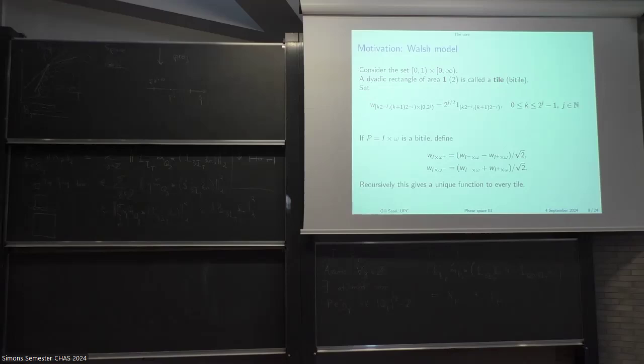Okay, so the point is, we start here, and then for a number j, we fix the division into pieces of side length 2 to the minus j.